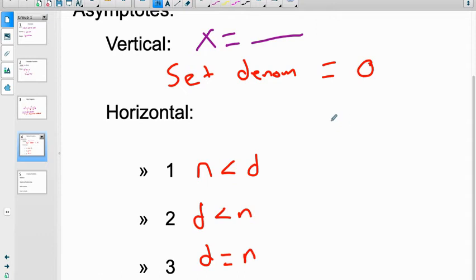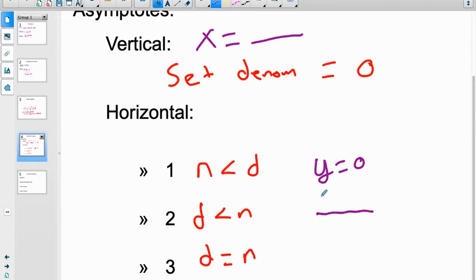Degree deals with the exponent on the x. If the degree of the numerator is less than the degree of the denominator, your horizontal asymptote is y equals 0. If the degree of the denominator is less than the degree of the numerator, there is no horizontal asymptote.